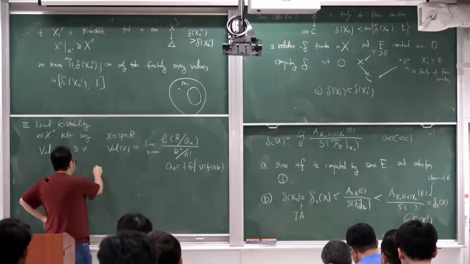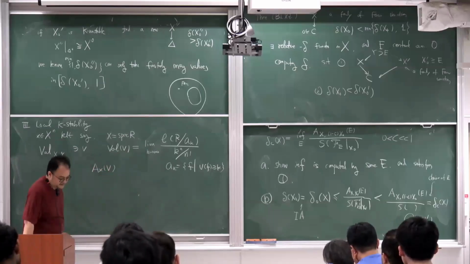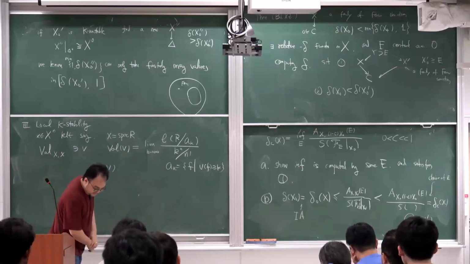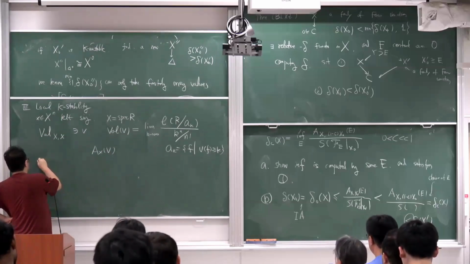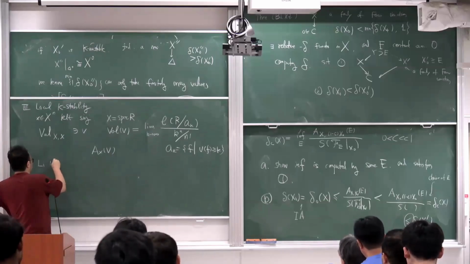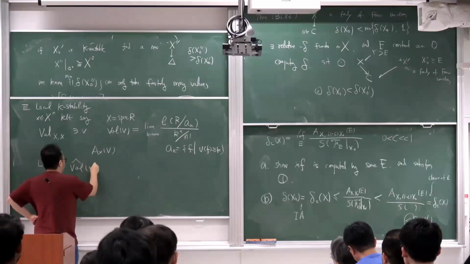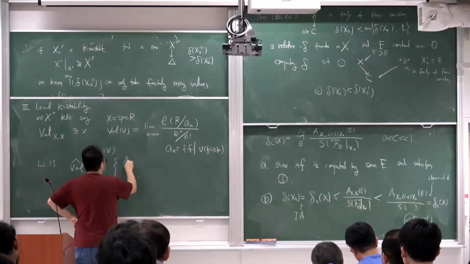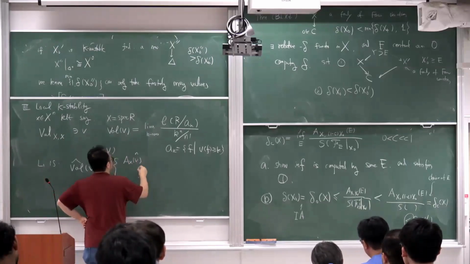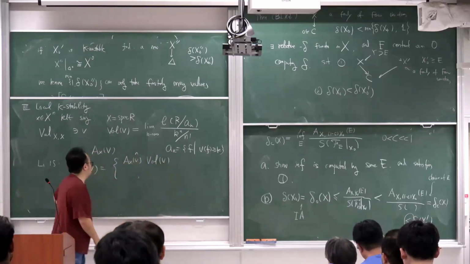And also you can define the log discrepancy, which I already used. And Chi Li's definition is that the normalized volume of a valuation is given by A_X(v) to the power n times vol(v).